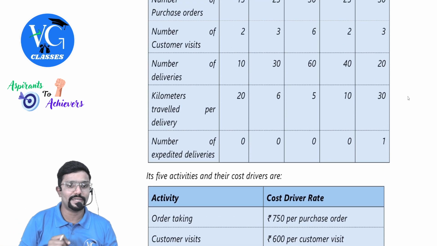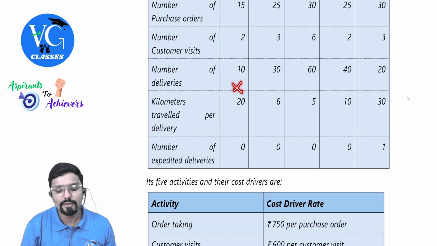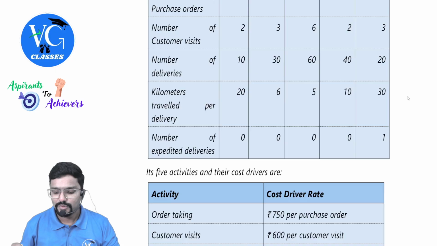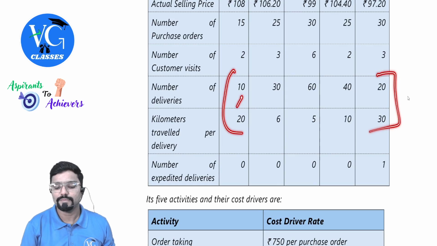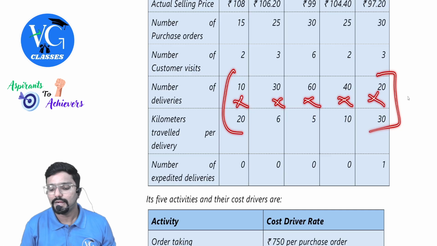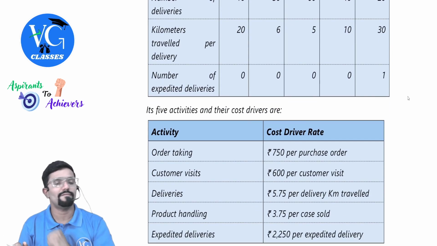Now first calculate kilometers. How much is that? Number of deliveries into kilometers traveled per delivery. Whatever you get, into 5.75. 5.75 for all the customers. All this has to be multiplied, and whatever you get here, you have to multiply with 5.75.